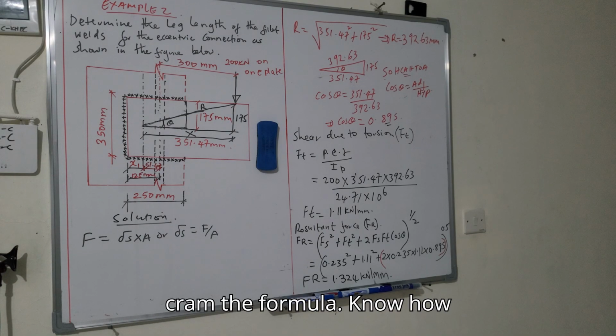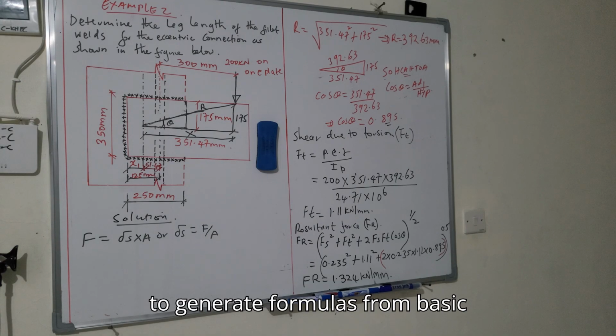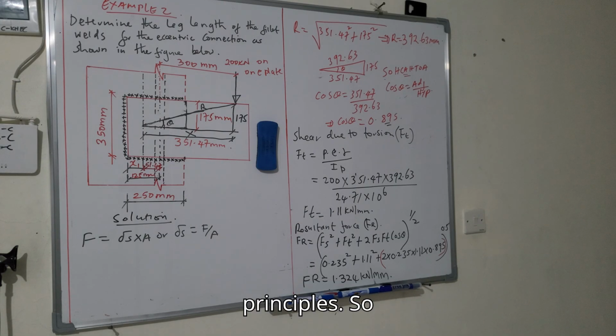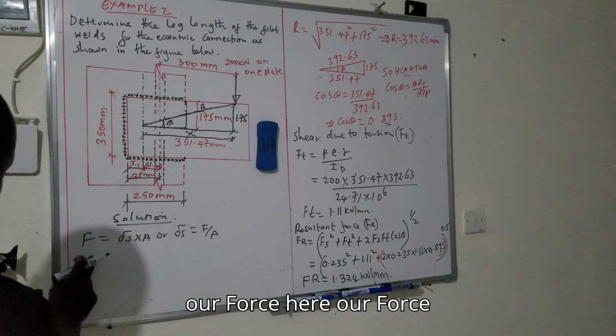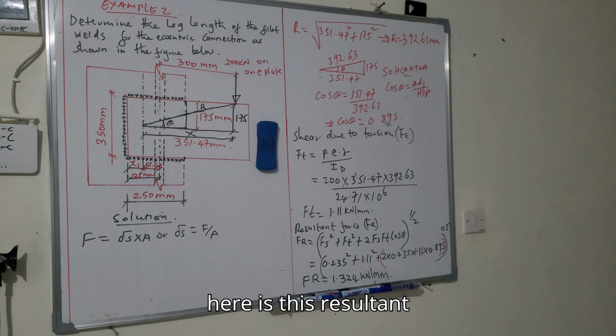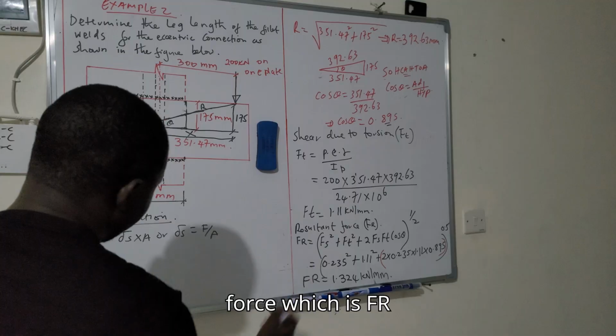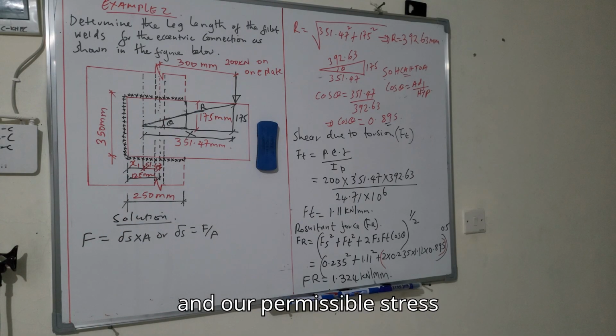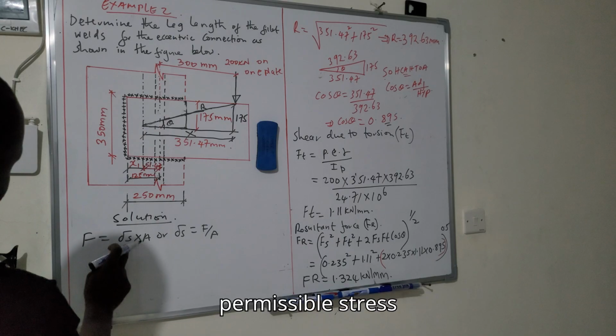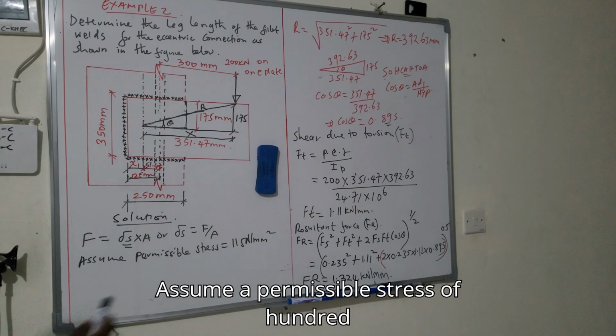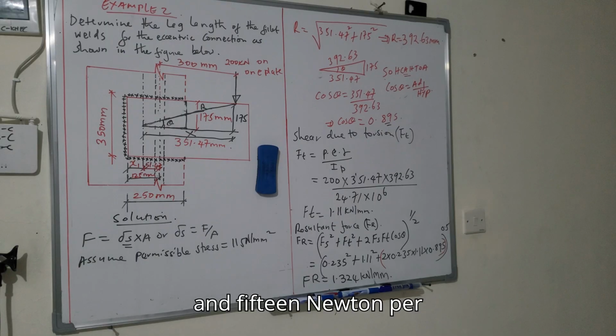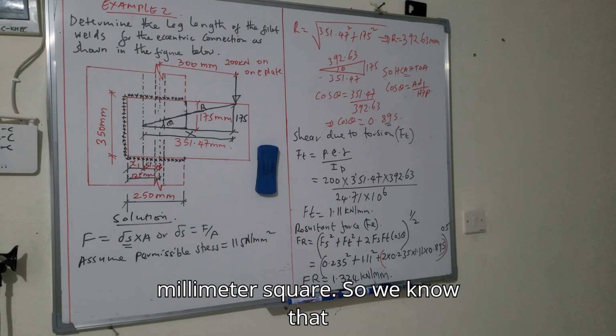So don't cram the formula. Know how to generate formulas from basic principles. So our force here is this resultant force, which is FR, and our permissible stress. In fact, we have not been given the permissible stress. Assume a permissible stress of 115 Newton per millimeter square.